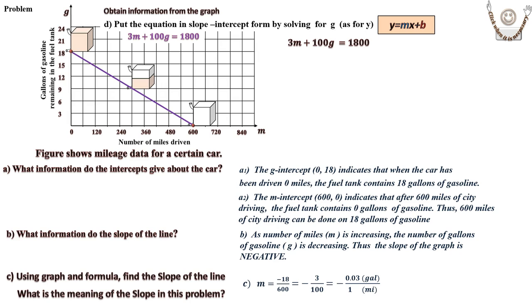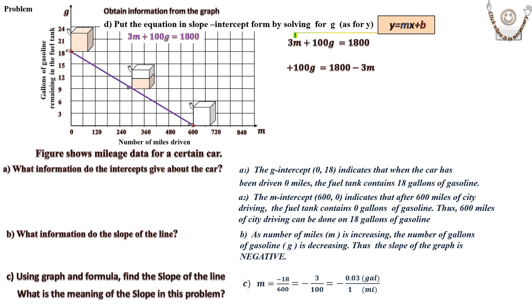How can we do this? We have to move term with the m, like term with x, from the left to the right. As a result, we will have 100g equals 1800 and negative 3m.